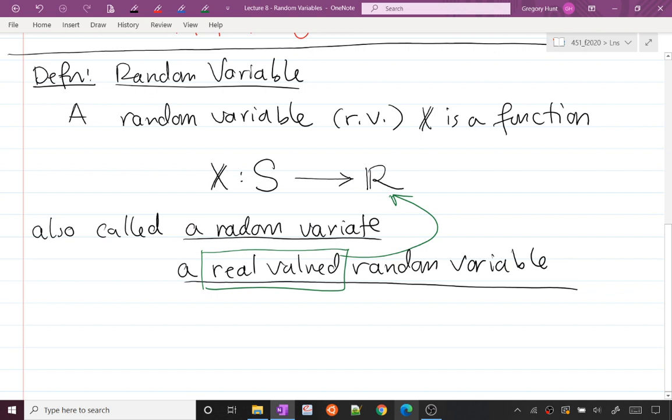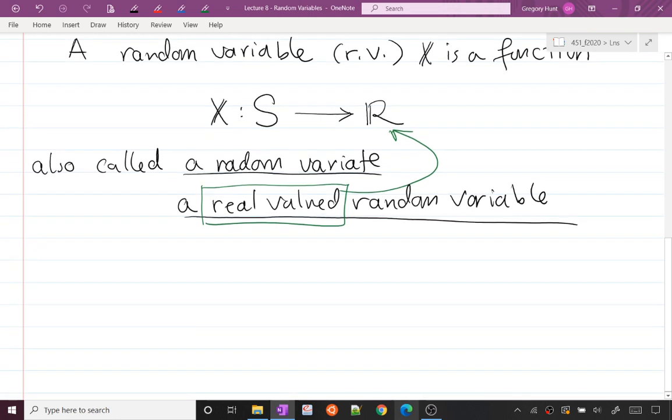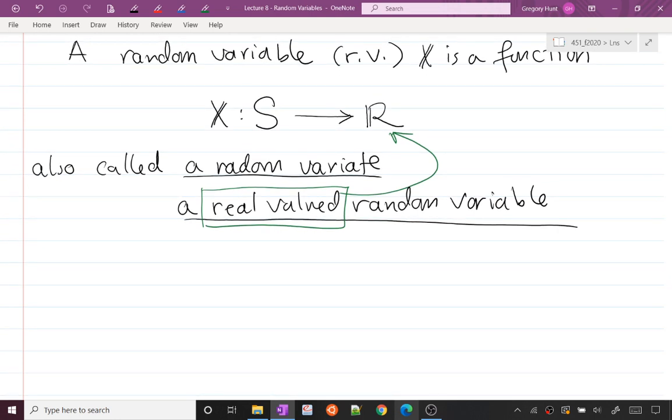In this course, we're only going to work with real valued random variables, and frankly, that's all you really ever need to work with. I'll probably get in trouble for saying that. The physicists like complex random variables. Another phrase for this would be a univariate random variable.